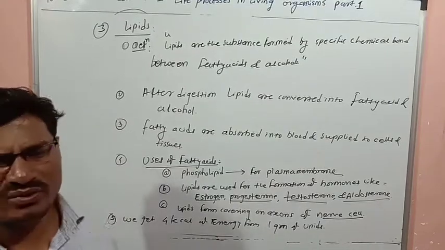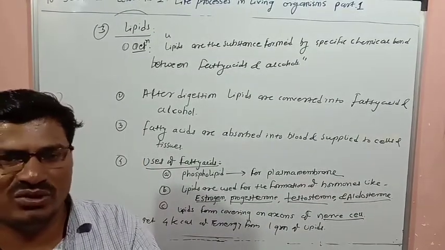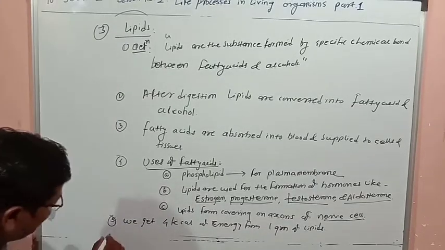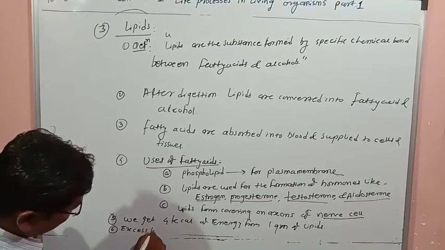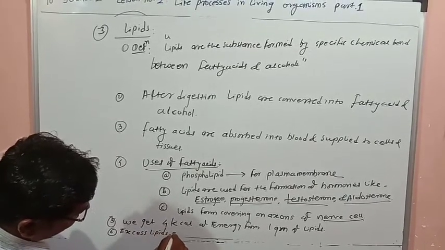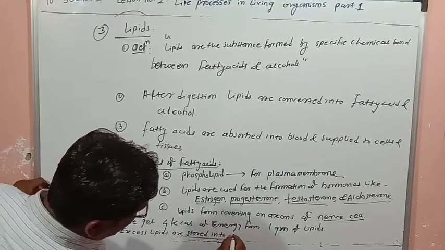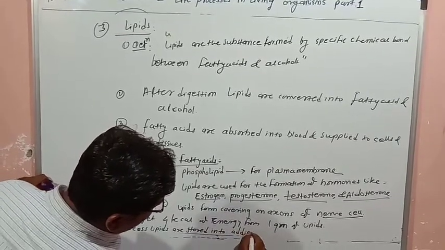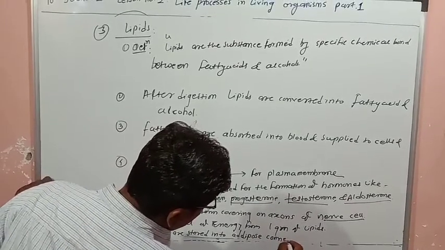Suppose your 4 points are there, and the fifth point you would write here, we get 9 kilocalorie of energy from 1 gram of lipid. And the last point, excess lipids are stored into adipose connective tissue.